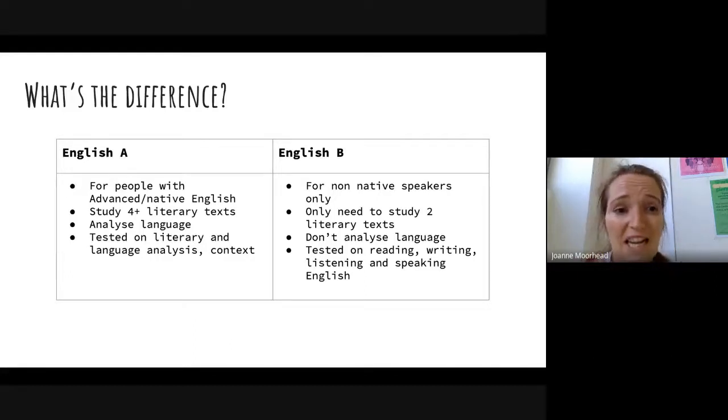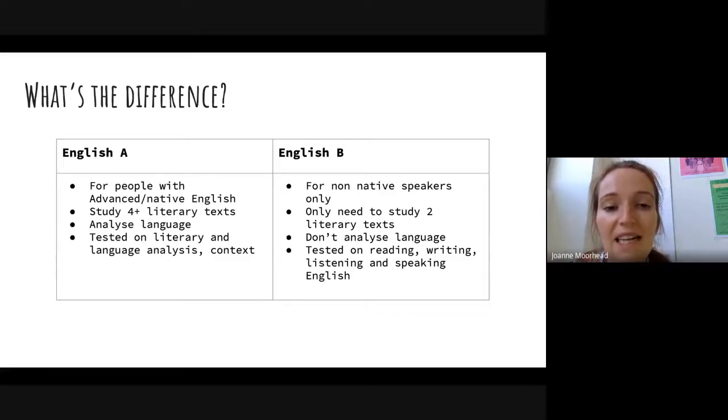In English A, you analyse the meaning of words and look at motifs and symbols within novels and poetry, etc. And then in English B, we focus more on the connection between novels and everyday events that we come across.